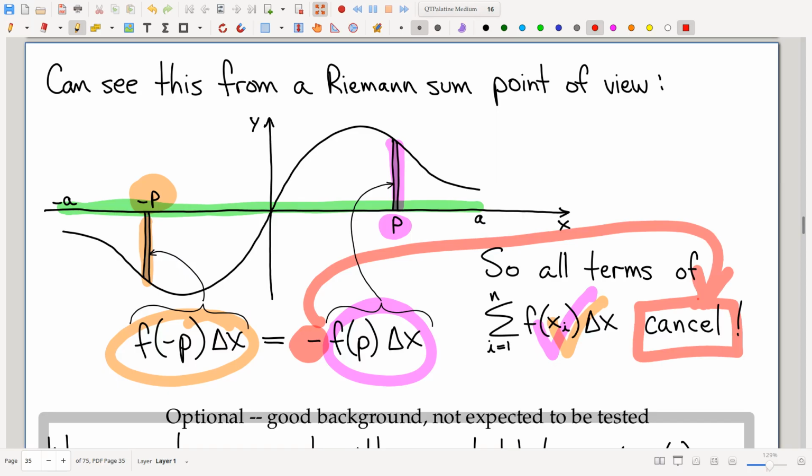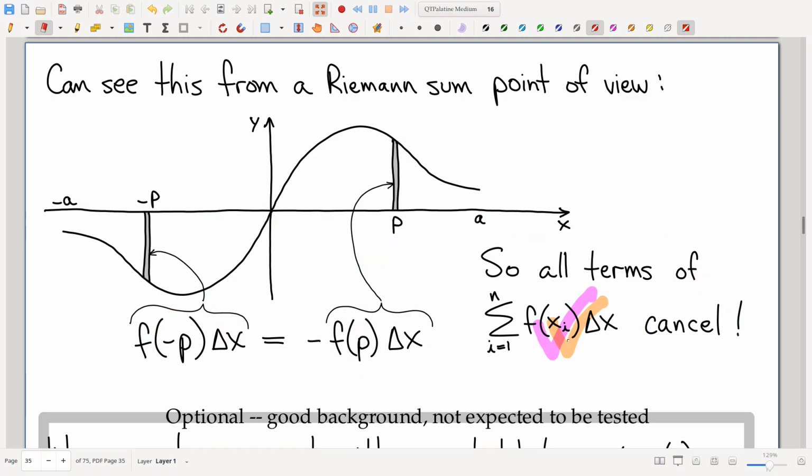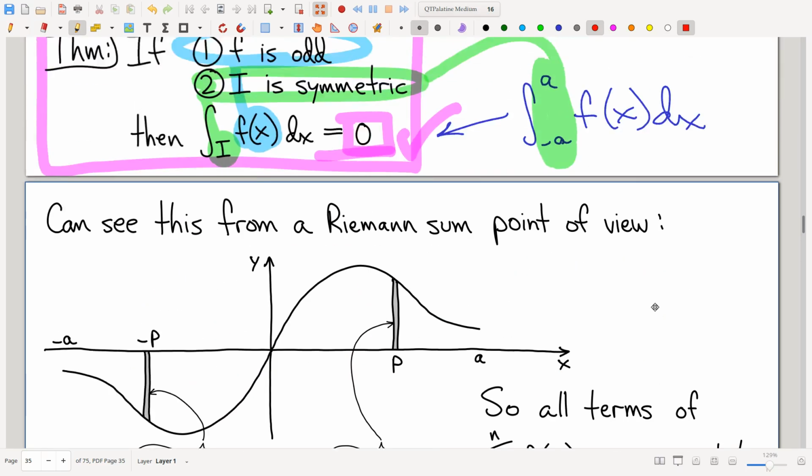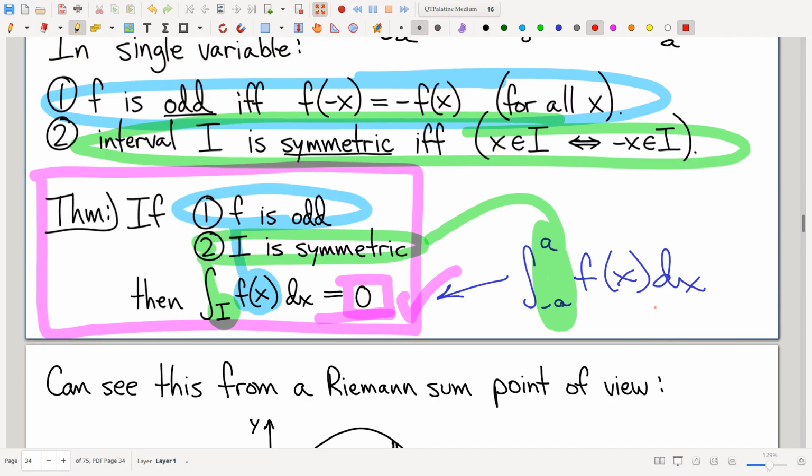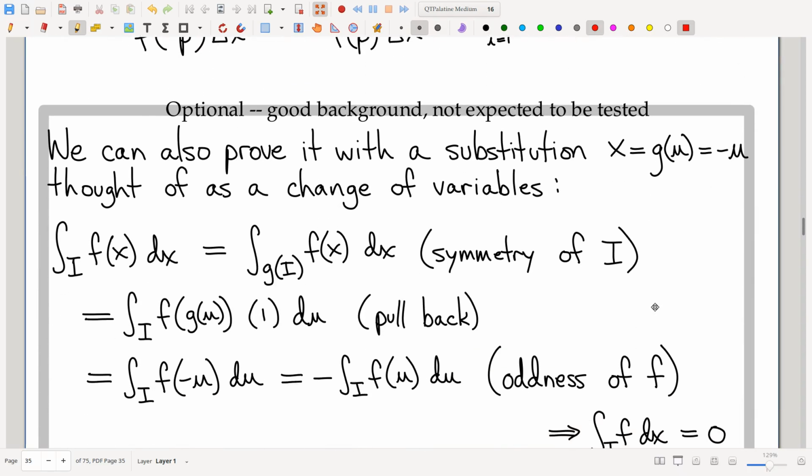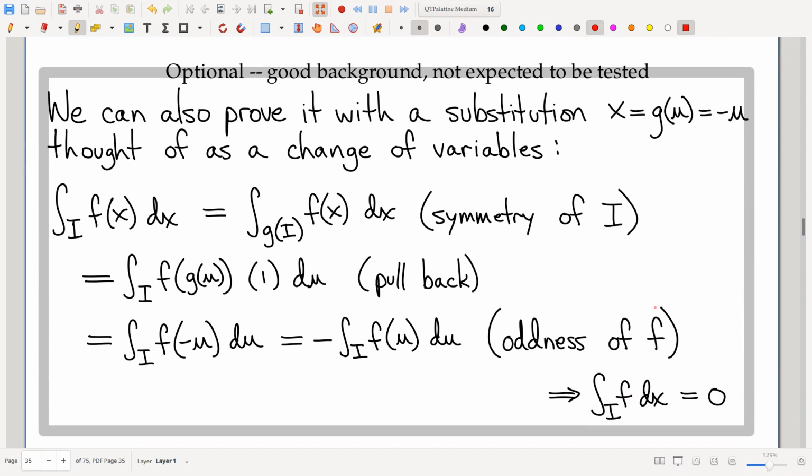All right, now here's a different take, just a different point of view on why this theorem works. Why is it that if you have an odd function on a symmetric interval, the integral is 0? This is a change of variables argument. Remember, we're still one-dimensional for the moment, thinking just on the x-axis.